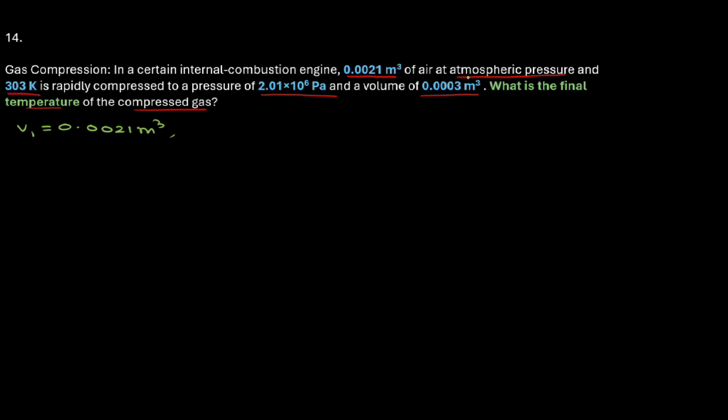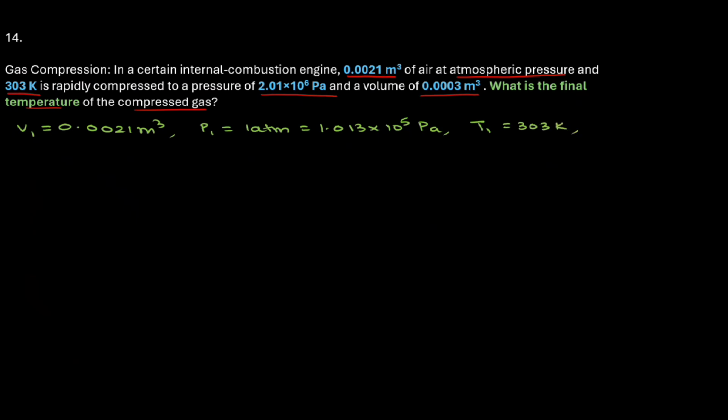And this air is at atmospheric pressure, so my pressure P1 is equal to 1 atmosphere, which is equivalent to 1.013 times 10 to the power 5 Pascal. And 303 Kelvin. Now Kelvin is a unit of temperature, so I write my temperature T1 as 303 Kelvin.